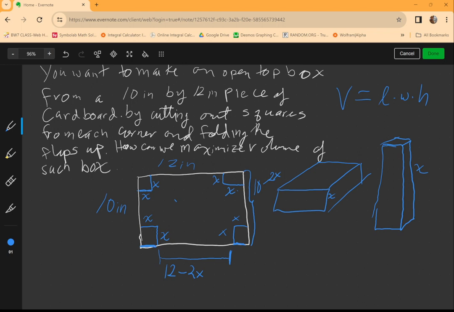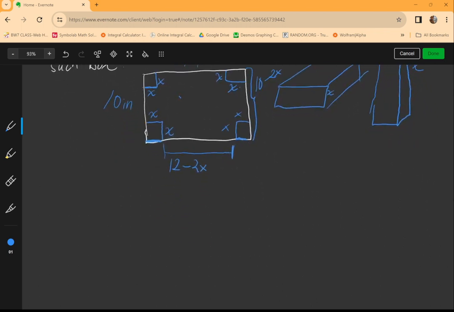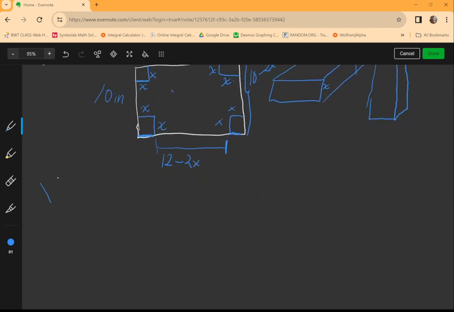Okay, so I think I have everything I need to connect my volume. Volume is going to be length times width times height, and that would be 10 minus 2x, 12 minus 2x, and then the height, which was x, the size of the flap.